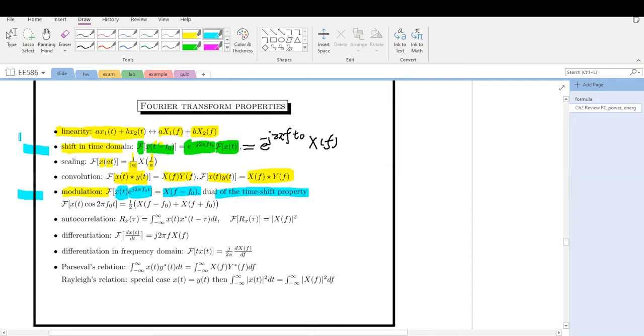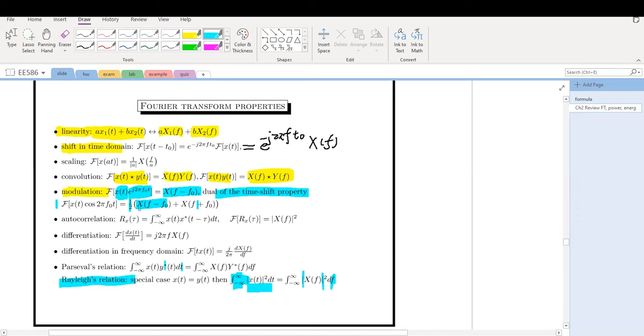And we can look at these properties together. Therefore, if we perform the Fourier transform of x(t) multiplied by cosine 2 pi f naught t, the spectrum is X(f minus f naught) plus X(f plus f naught), and then take half. What does this mean?